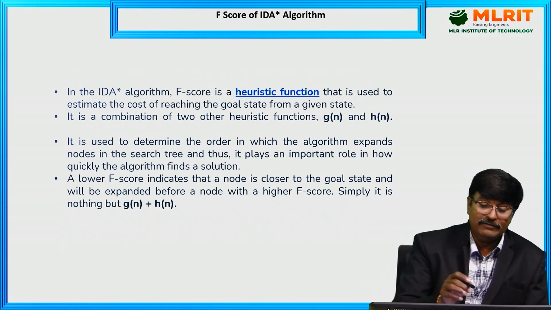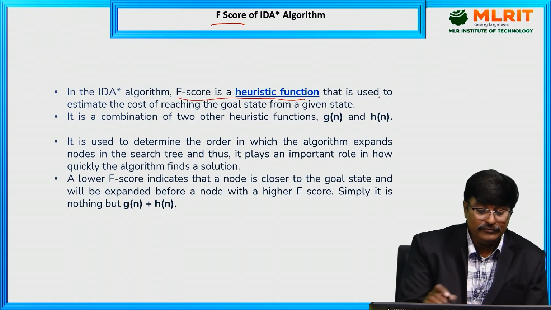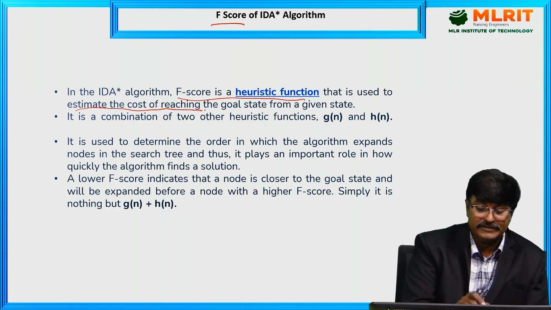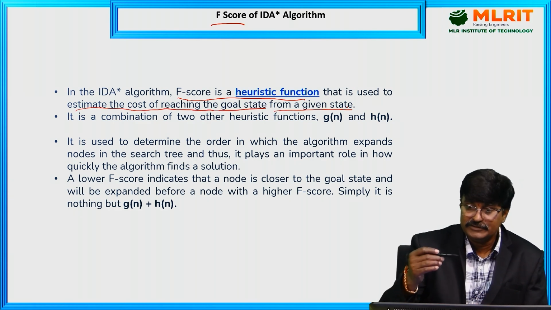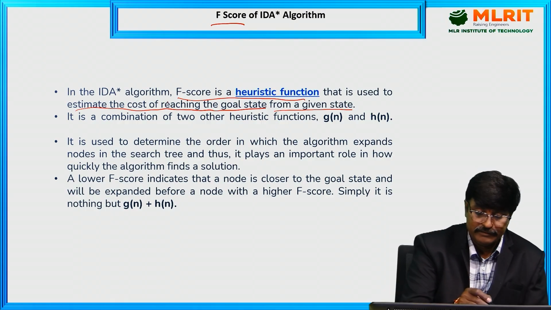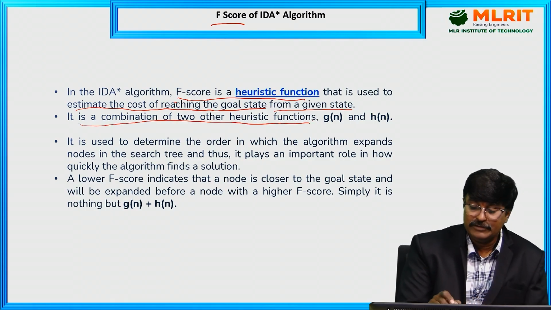Coming to one of the important things, the F score is the important parameter here. The F score is a heuristic function used to estimate the cost of reaching the goal state from a given state, how much depth you have to go. It is a combination of two other functions, G of n and H of n.